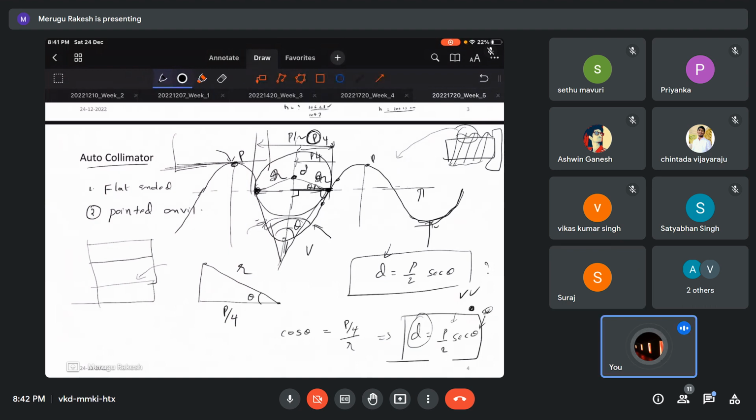No. The question is, suppose this D is exactly lying on this pitch circle line. If at all possible, in that case we don't need any of the values, the wire value or the pitch value. We can directly get the theta value, right? Yes.